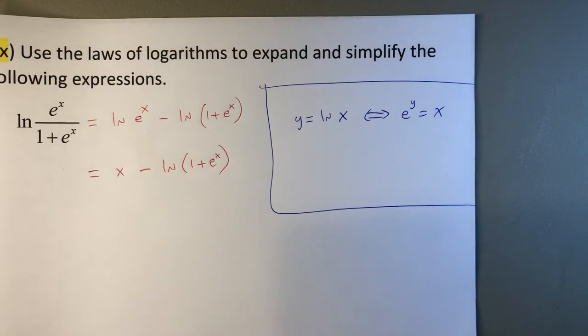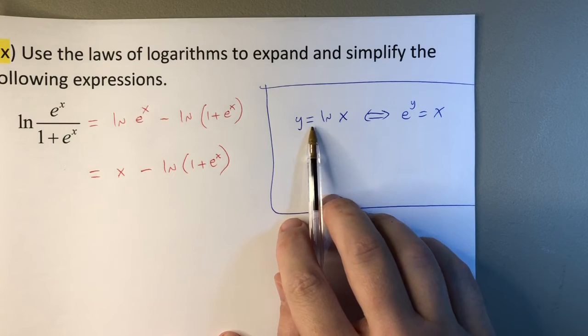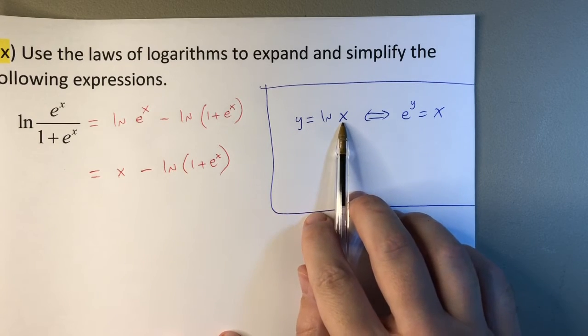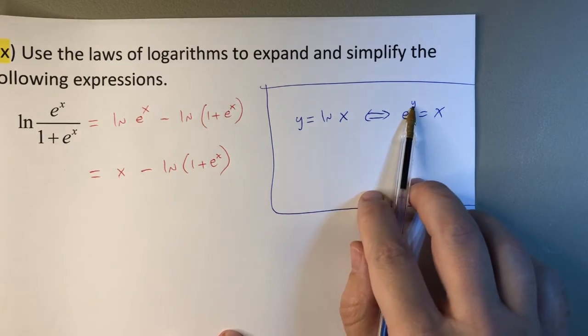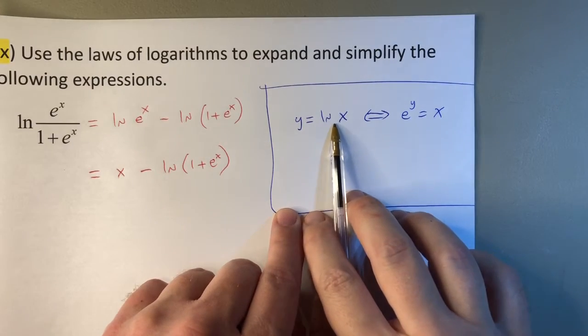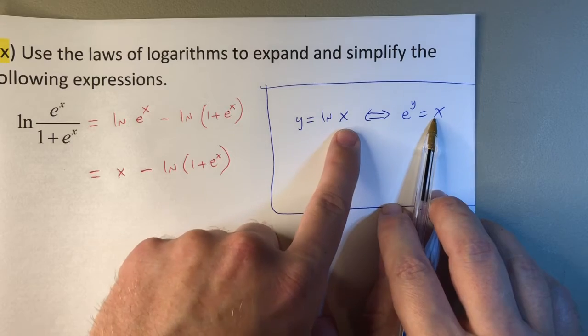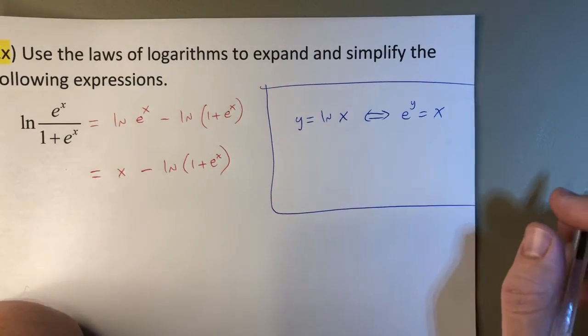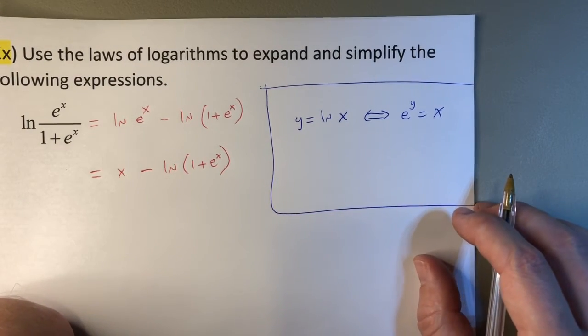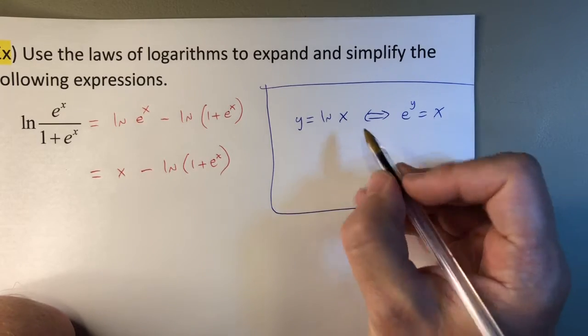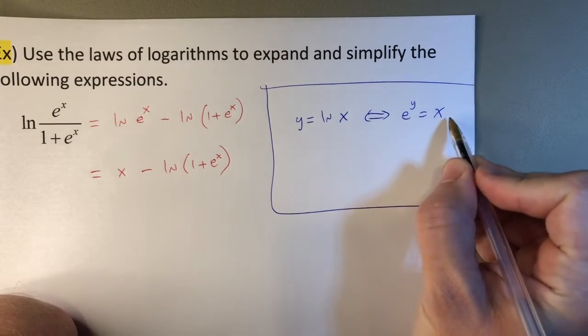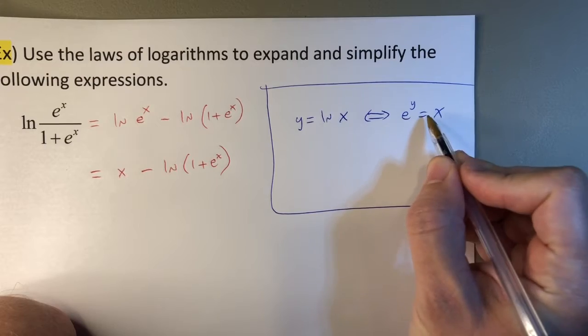All right, so I went ahead and wrote down y. If you have y equals the natural logarithm of x, then you also have e to the y, because remember the understood base here is e. You have e to the y equal to whatever you're taking the logarithm of. So let's just use some basic substitution here, okay? Let's go ahead and replace this x with what it must be equal to in this exponential form.